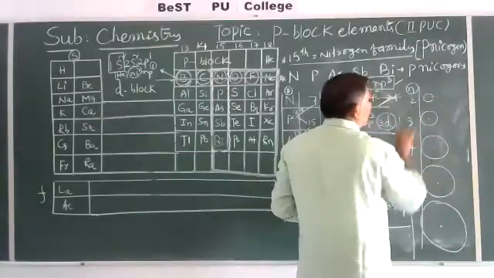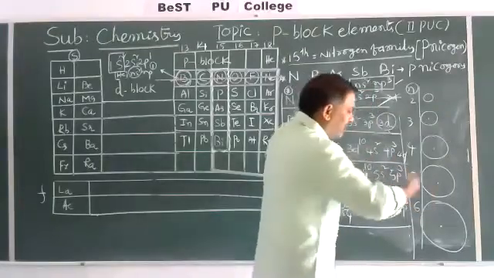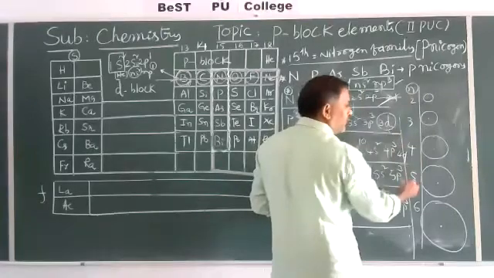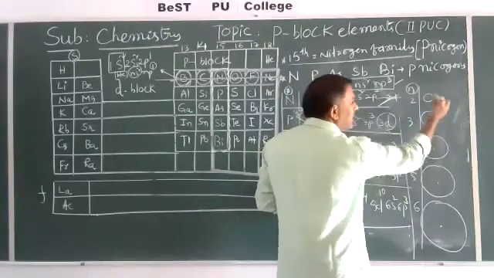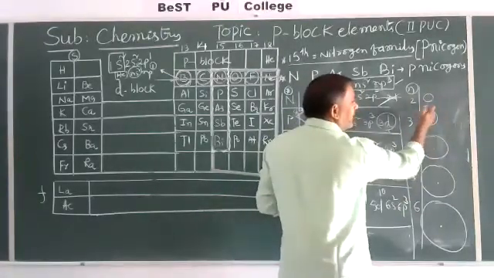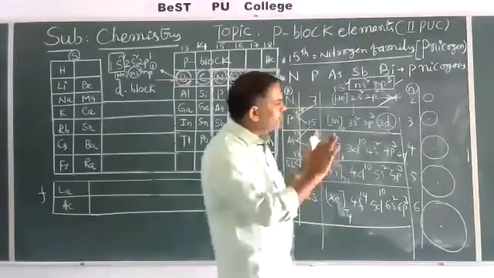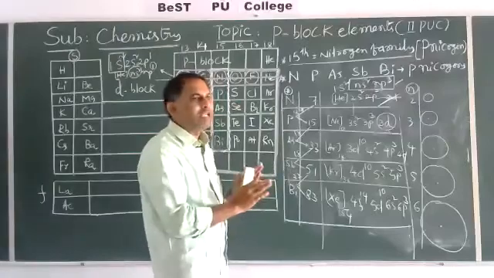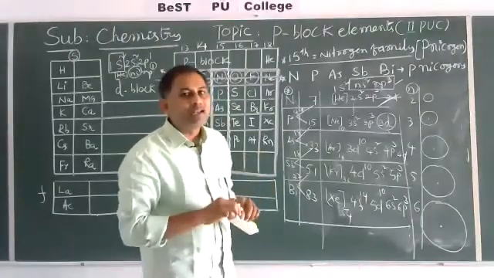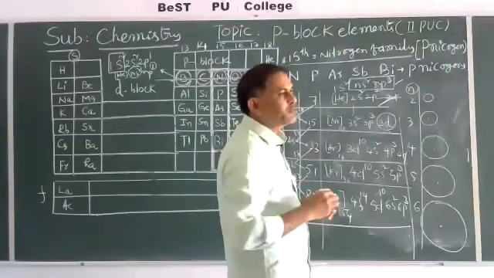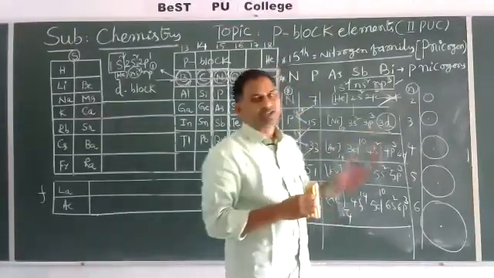Observe here. No need to consider the number of energy levels, only for understanding purposes. By using this electronic configuration and physical observation, the size of your orbits increases from top to bottom. On that basis, I'll clarify some important physical properties of 15th group elements: nitrogen, phosphorus, arsenic, antimony, bismuth.